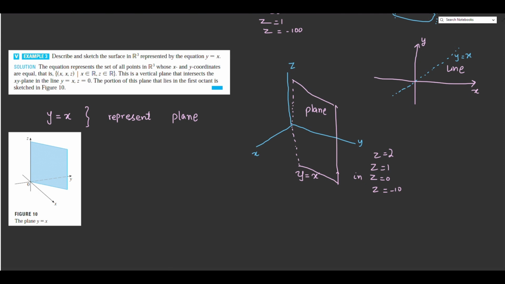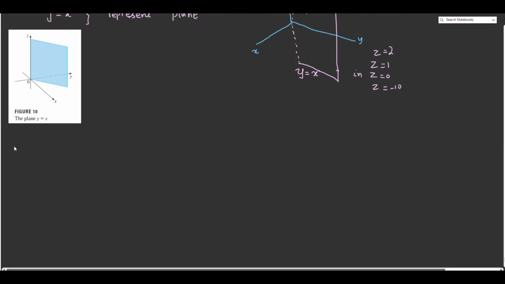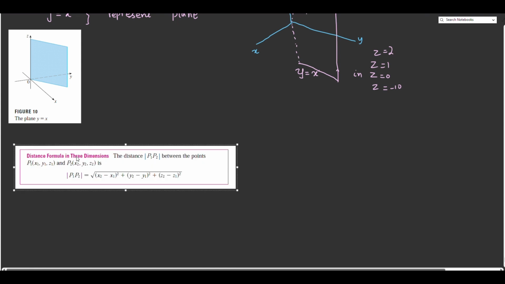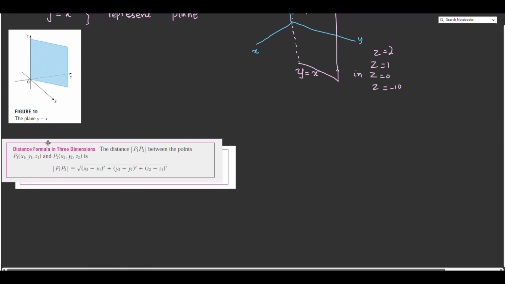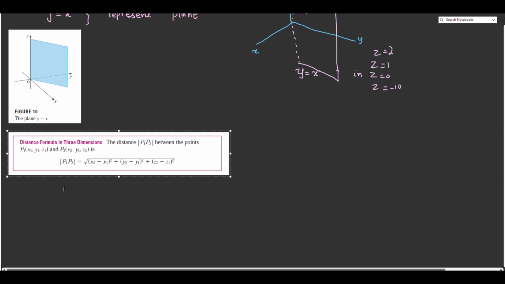Now we have some formulas for finding the distance between 2 points in the 3D space. This is similar to what we discussed previously, how we find the distance between 2 points in the xy plane. This is a generalization of that.